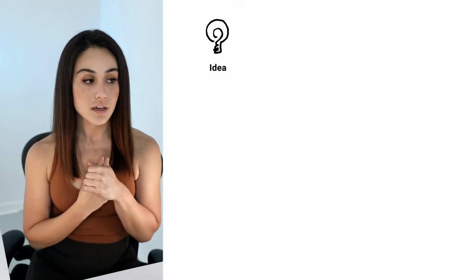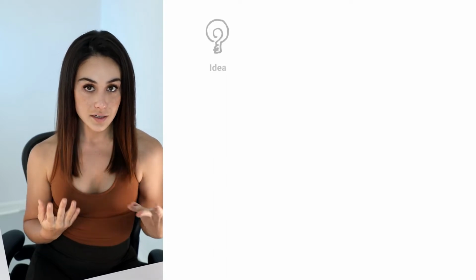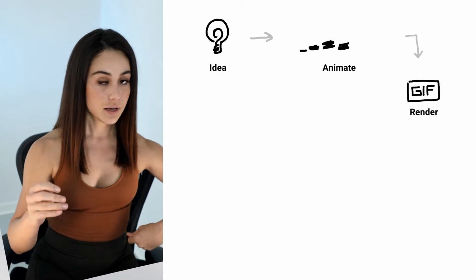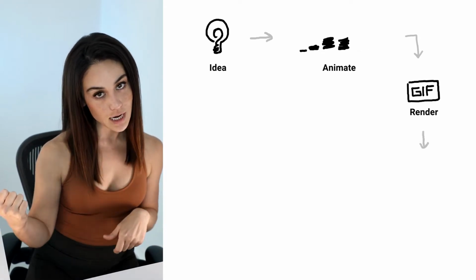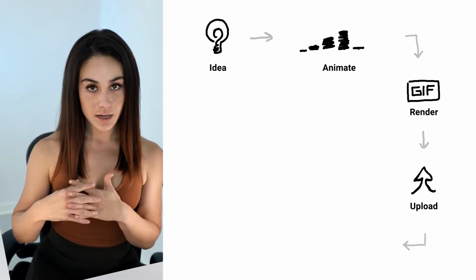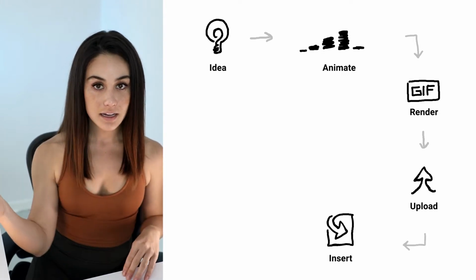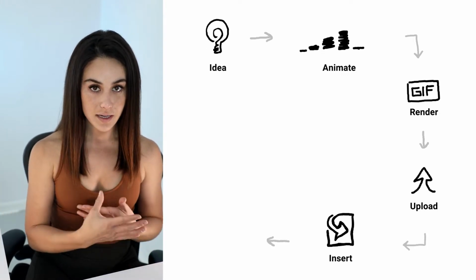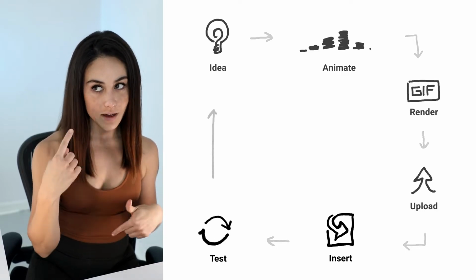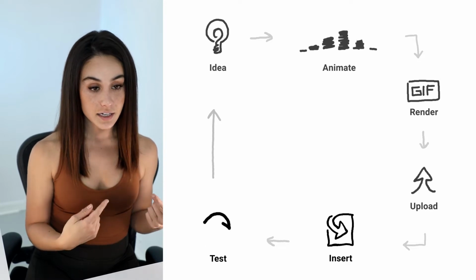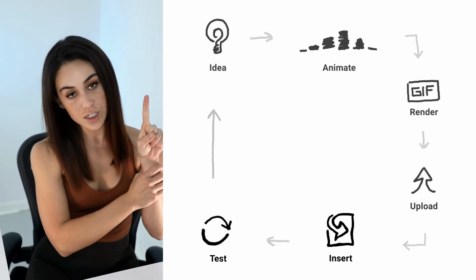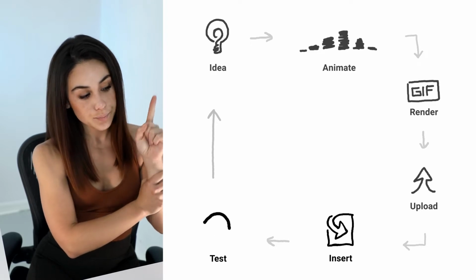First I come up with the idea, like what I want the final design to look like with all the text animated. Then I make the animation, export it as a GIF, and upload it to Streamlabs. Then in OBS, I insert that widget URL as a browser source. Then using the Streamlabs desktop app, I test it, and add CSS to achieve that first design idea.